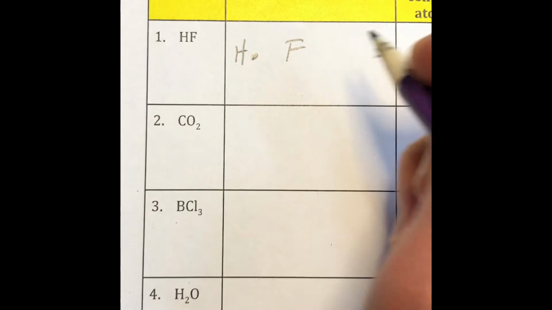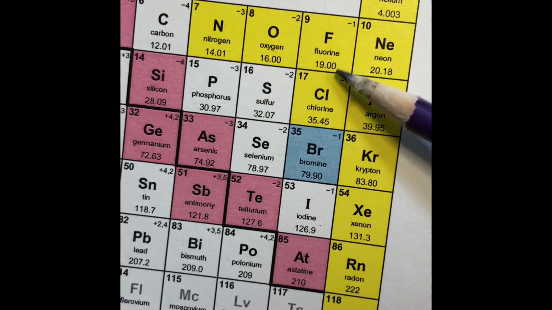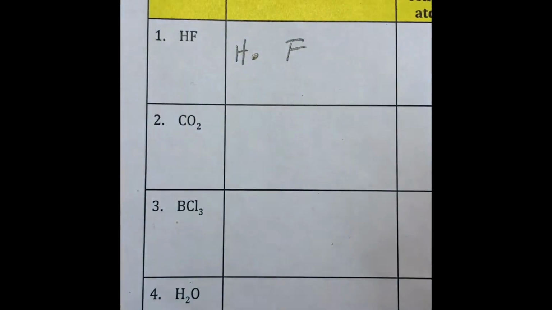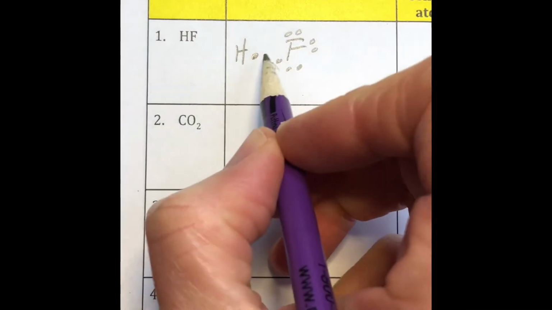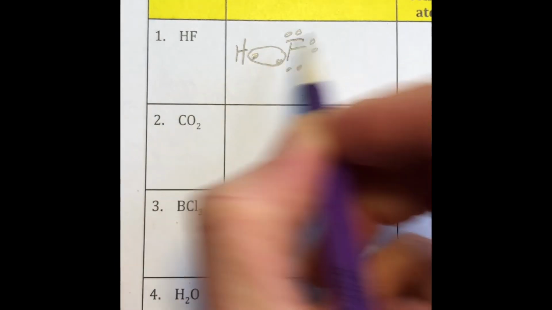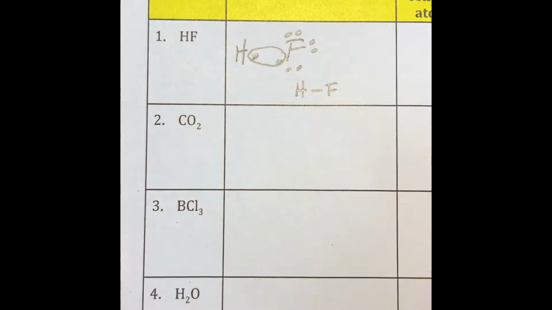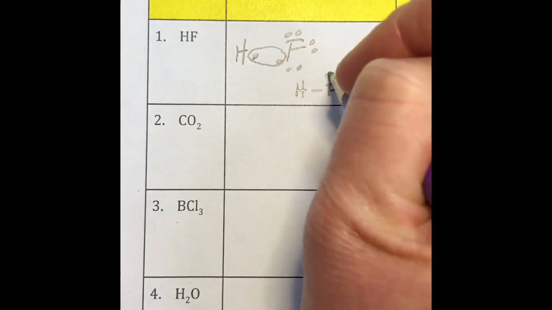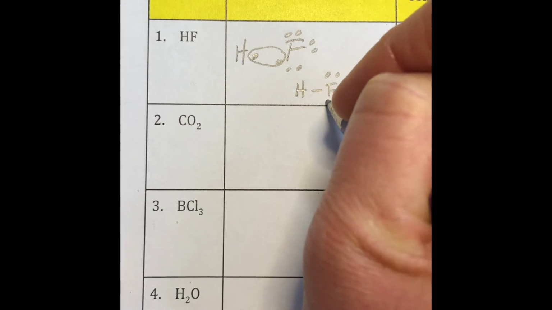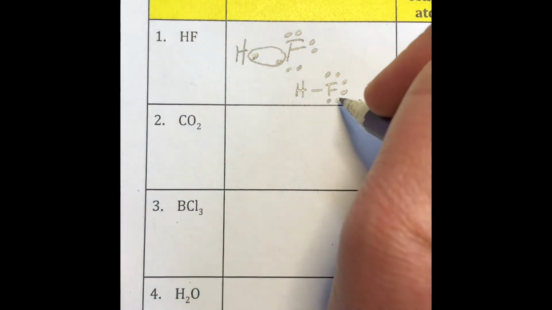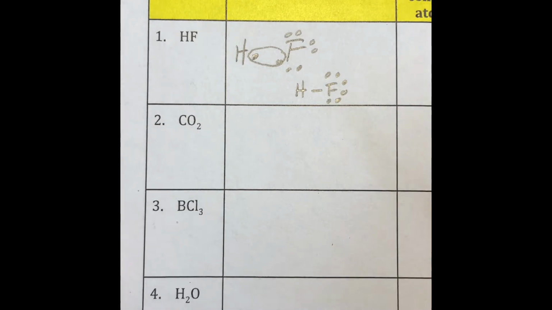Fluorine is in group 7, so it has 7 dots. 1, 2, 3, 4, 5, 6, 7. Looks like those will be a shared pair, so we'll draw H with a line and then an F, and we will still keep those dots on there. So that's essentially what that Lewis dot diagram looks like.